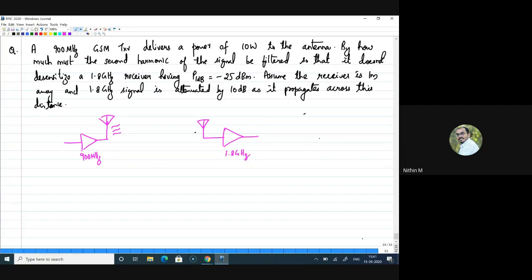It has a 1 dB compression point of minus 25 dBm. By how much must the second harmonic of this transmitter be filtered so that it will not desensitize the receiver? This includes the concepts we learned in harmonics, gain compression, as well as desensitization.